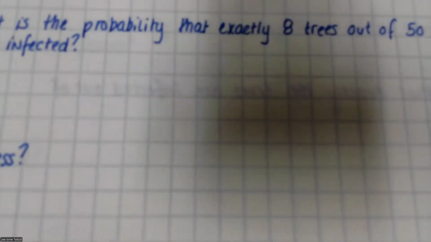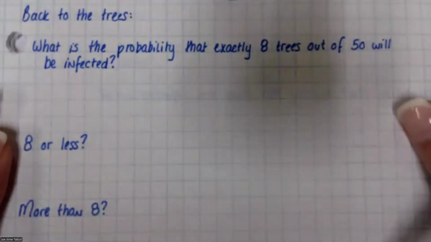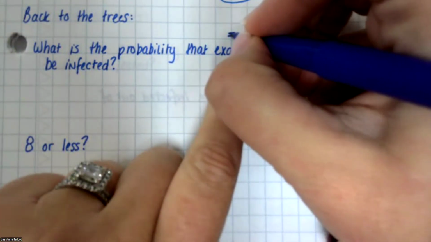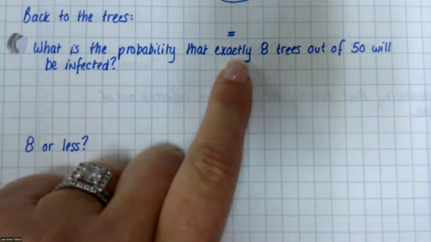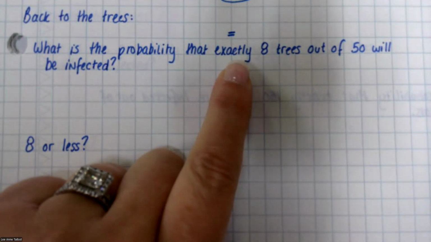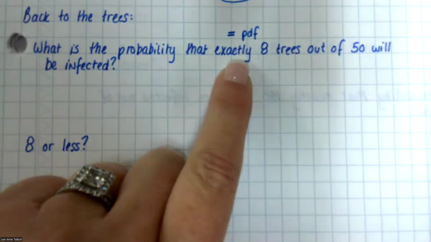Okay, so we're gonna practice the PDF again. So first thing I'm gonna do is read this. It says exactly. That means equals. Exactly means equals, equals 8 trees. That means that I'm doing PDF.